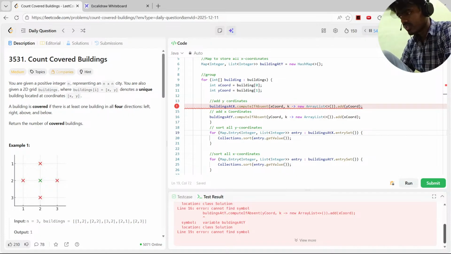Okay, in map entry integer list integer entry, right.